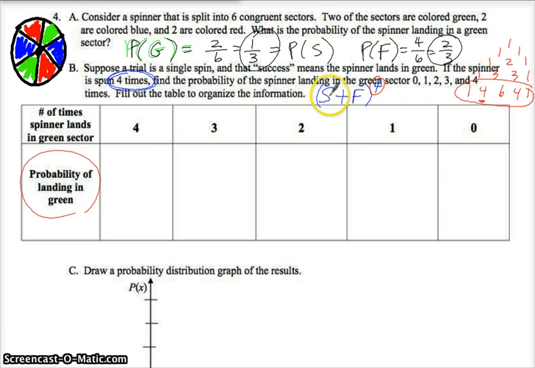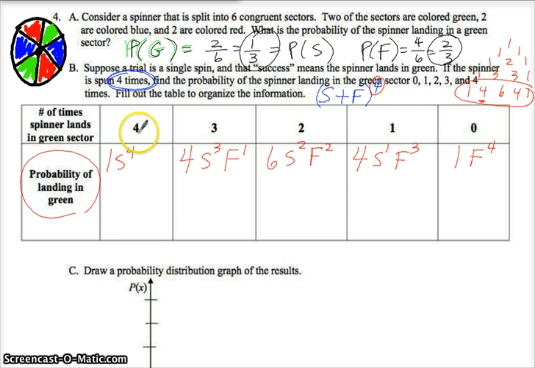So the probability of landing in green. First we would do success, 1 success to the 4th power. And then we would do 4 times success to the 3rd power, failure to the 1st power. And then we would do 6 times success to the 2nd power, failure to the 2nd power. Go back to 4, success to the 1st power, failure to the 3rd power, and then a coefficient of 1, failure to the 4th power.